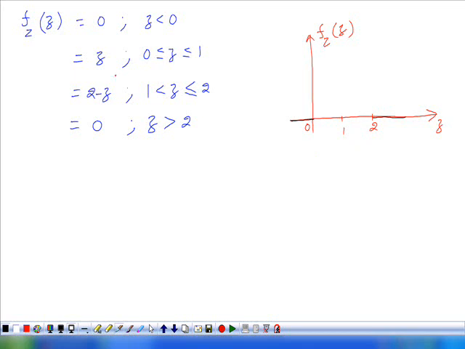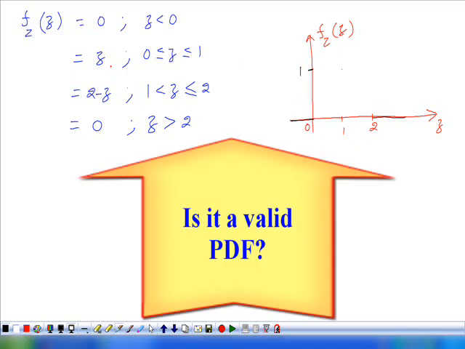See, when Z is equivalent to 1, in this interval 0 to 1, is it? When Z is equivalent to 1, what is Fz of Z? Fz of Z is 1, is it? When Z is equivalent to 1, what is Fz of Z? 1. When Z is equivalent to 0.5, here, same.